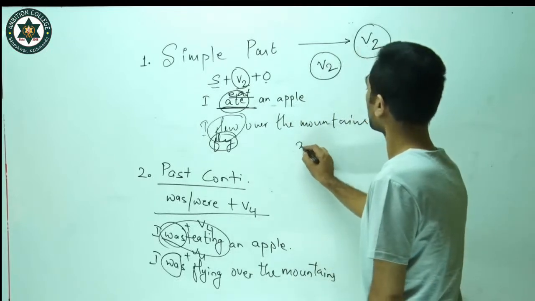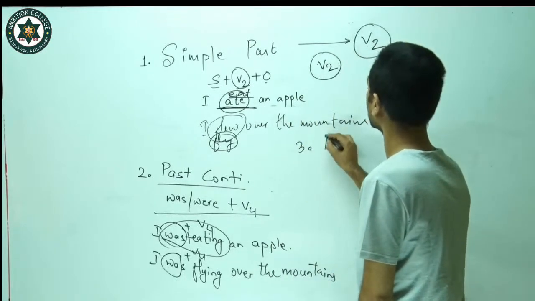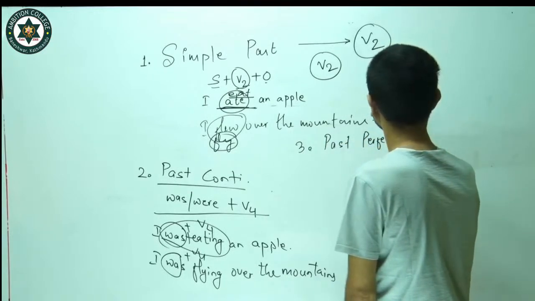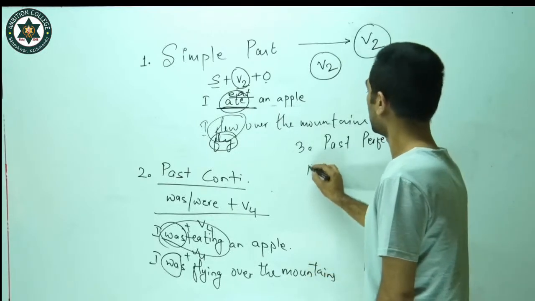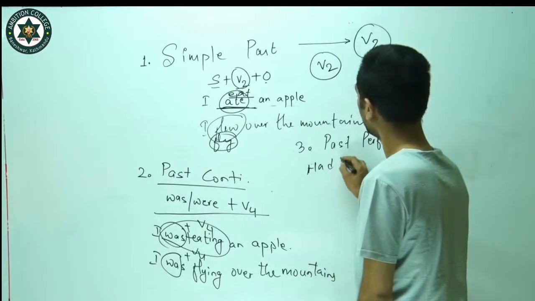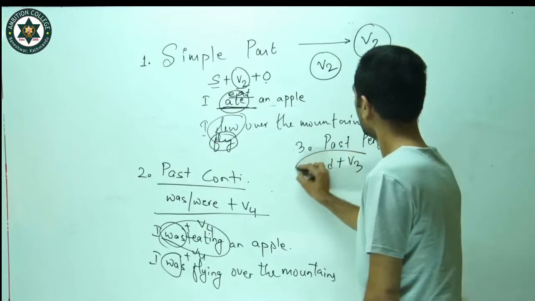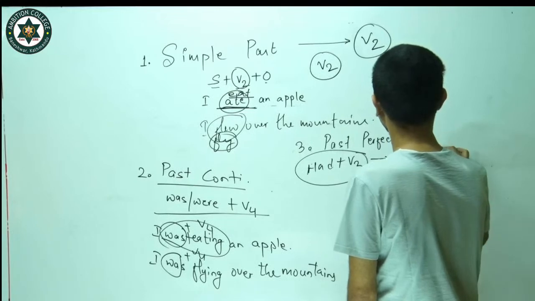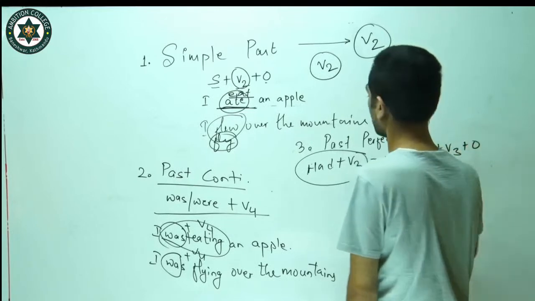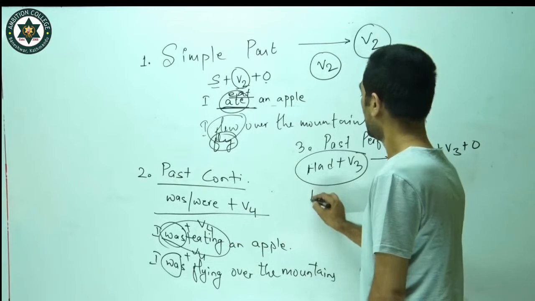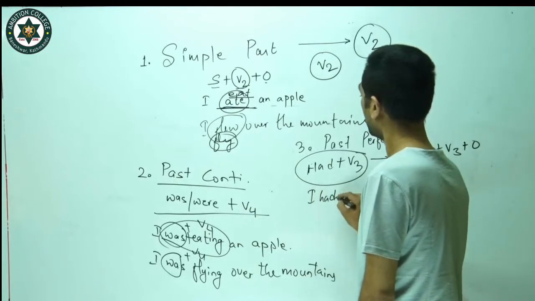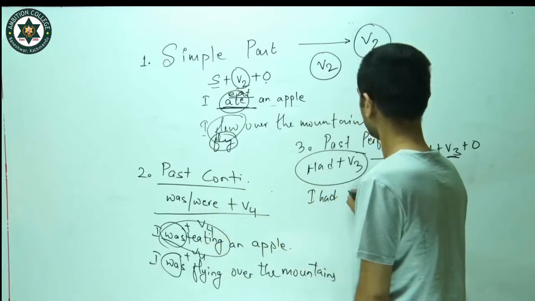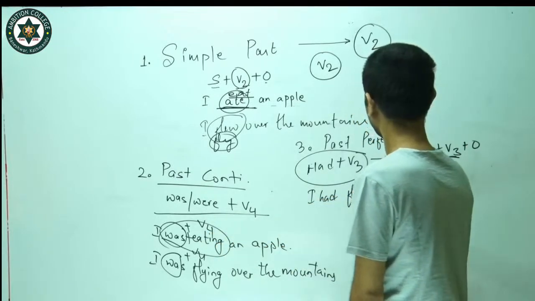After the past continuous, we have another structure that is past perfect. This is had plus V3. This structure comes with subject plus had plus V3 plus object. Like for example, I had, now V3 for fly is flown.